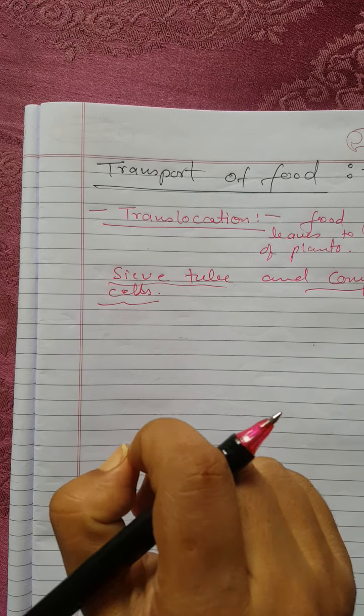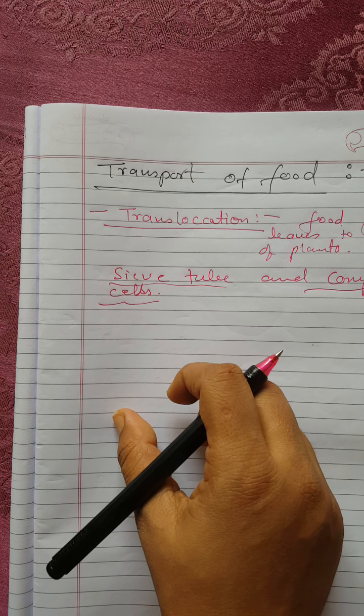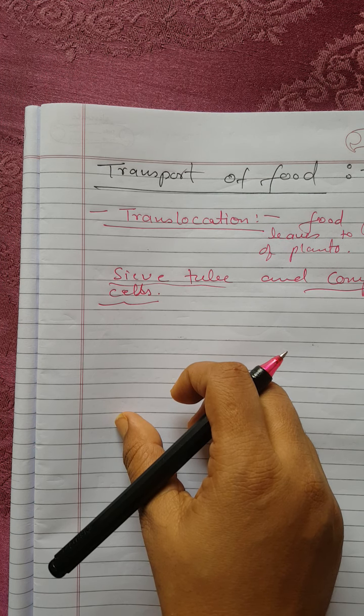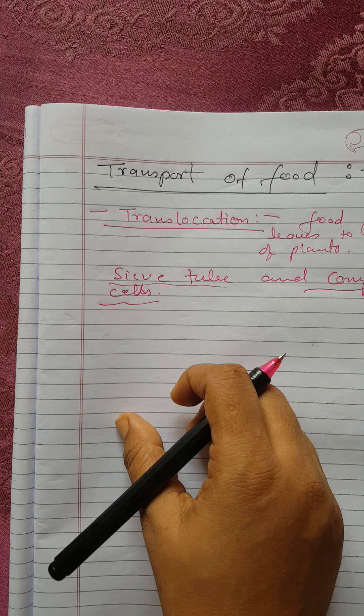The manufactured food enters into the sieve tube of the phloem and is transported as a dilute aqueous solution in upward and downward direction. See, leaves are all over the plants, and stems are also. So suppose the food is being synthesized at the lower leaves and it has to be moved to the upper part also.